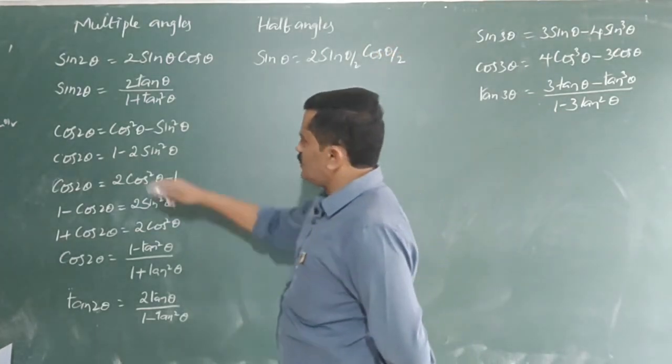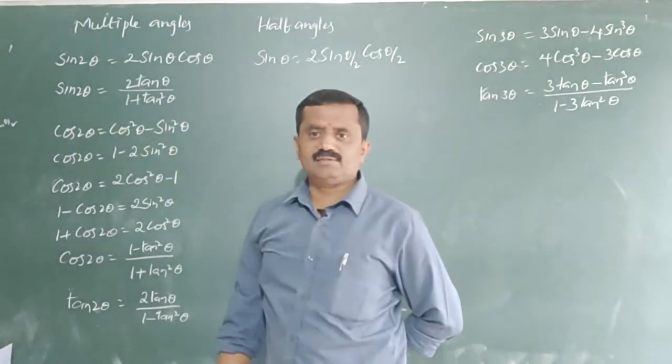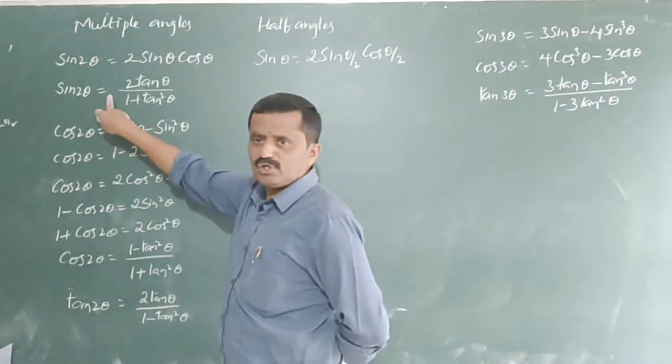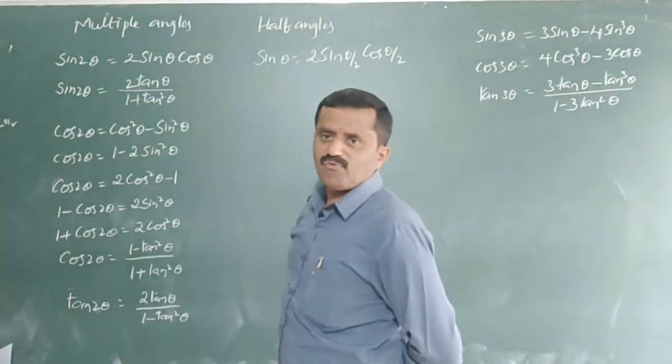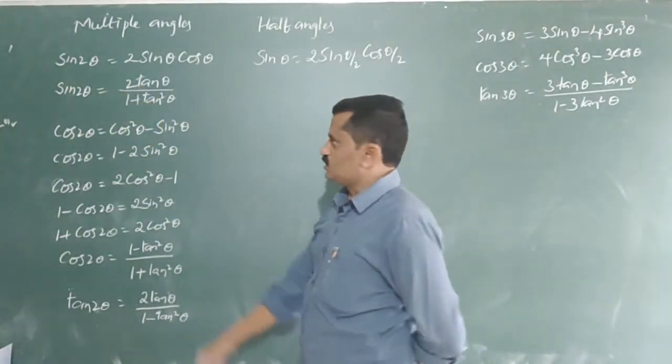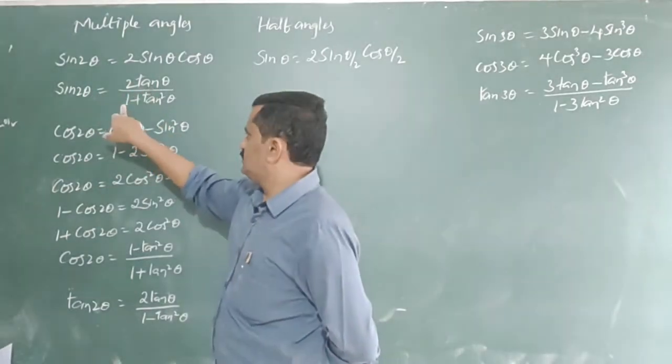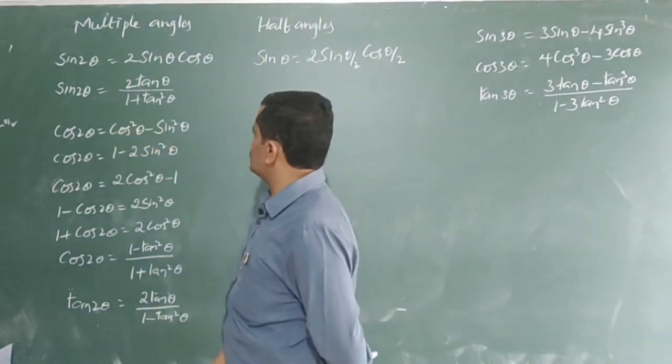So sin 2 theta in terms of tan theta: sin 2 theta is equal to 2 tan theta divided by 1 plus tan square theta.